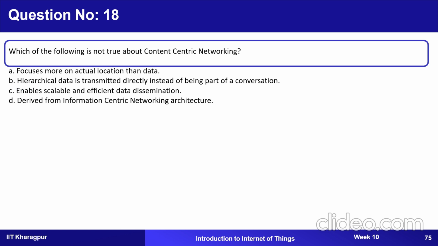Next question is, which of the following is not true about content-centric networking? Options are, it focuses more on actual location than data. Hierarchical data is transmitted directly instead of being part of a conversation. It enables scalable and efficient data dissemination. It is derived from information-centric networking architecture.